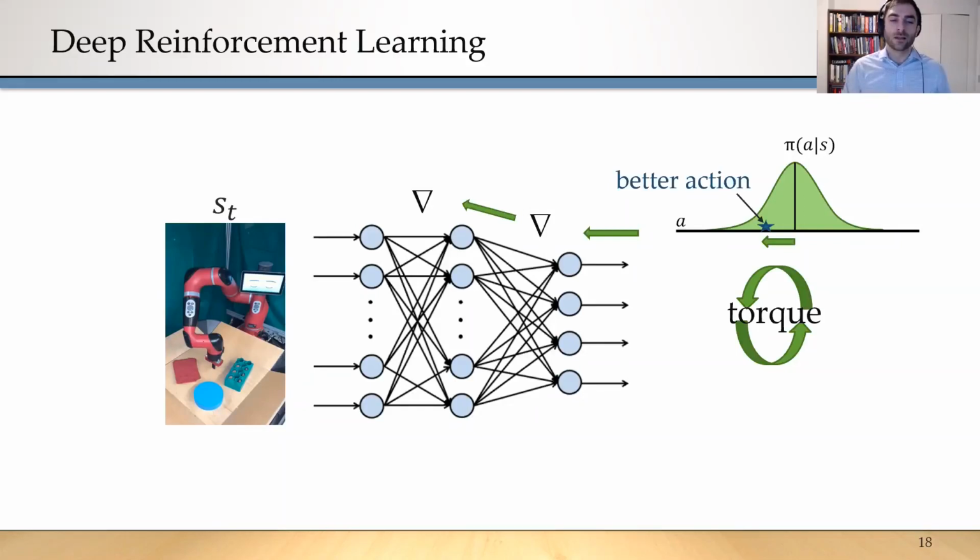This is fed forward through the network, and you can think of the agent computing a torque that it wants to actuate at that particular state, and then using the loss that was discussed on the previous slide, where we're trying to update the overall policy distribution, which in this case is being represented as a deep neural network. We can compute the gradients using some calculus in order to figure out how to adjust the parameters in this network in order to have a higher likelihood of producing this better action the next time the agent visits this state.